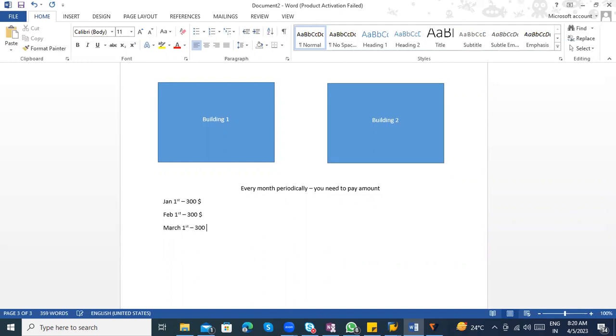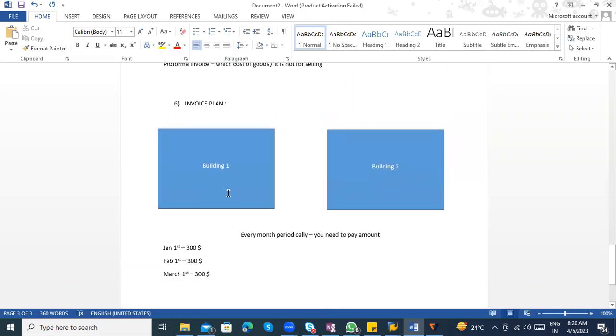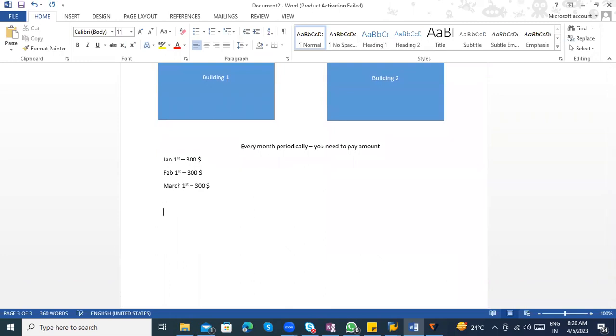So this is periodic. Periodic is nothing but every week or every month, on the first day, I have to pay some amount to my owner, because I'm already using their services. Maybe I'm staying there for a long time, so I'm paying the amount. This periodic payment is what we call a periodic invoice plan.